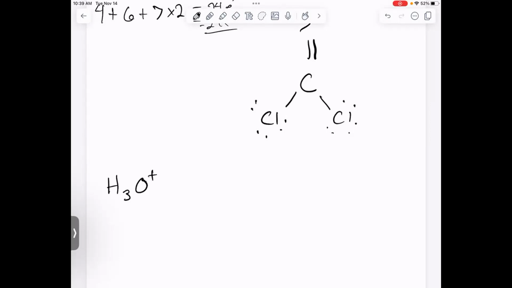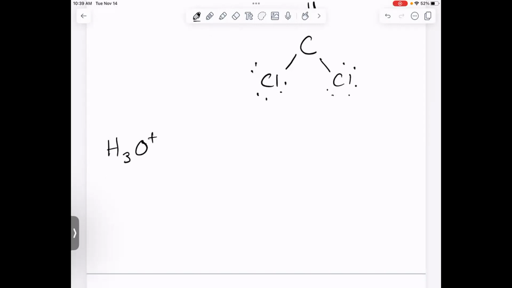All right, so H3O plus. This is called the hydronium cation or hydronium ion. So going through normal steps, hydrogen only has 1 electron each. Oxygen has 6. If I have a positive charge, though, that means I'm taking an electron off.